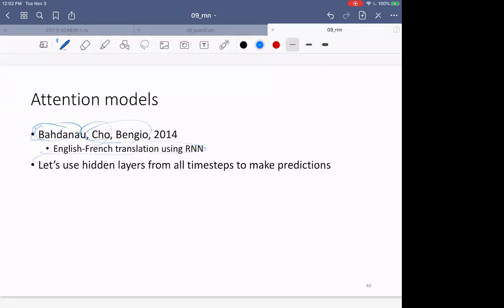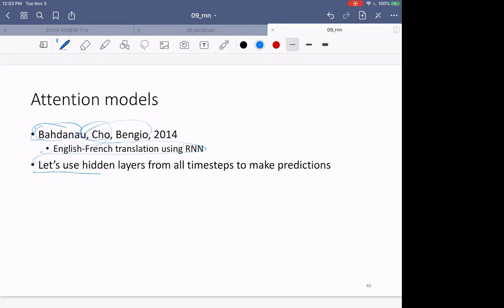It's not the same paper that proposed GRU. That was the very first paper that talked about how you can use neural networks for an encoder decoder architecture. This paper is advancing that, improving that previous model by using something called attention.